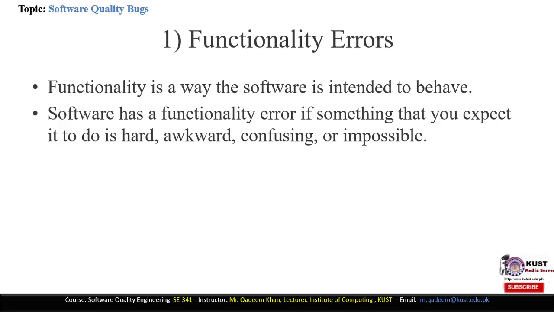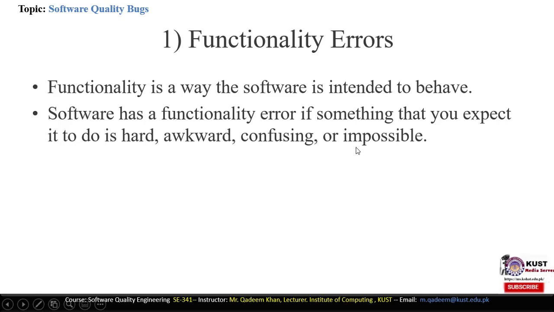The software's functionality errors result in confusion, which leads the customers to do a lot of hard work, perform some awkward tasks, become confused, or try to perform some impossible task that makes the software crash.